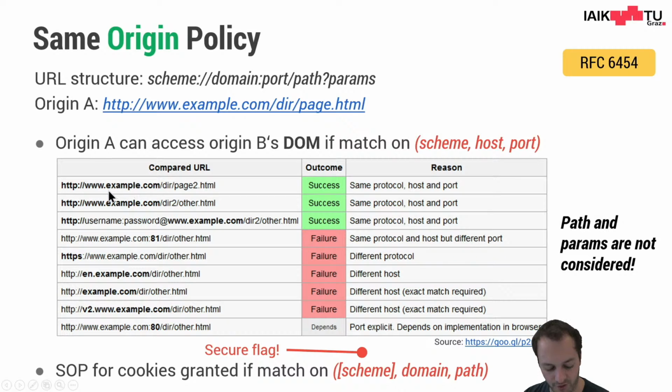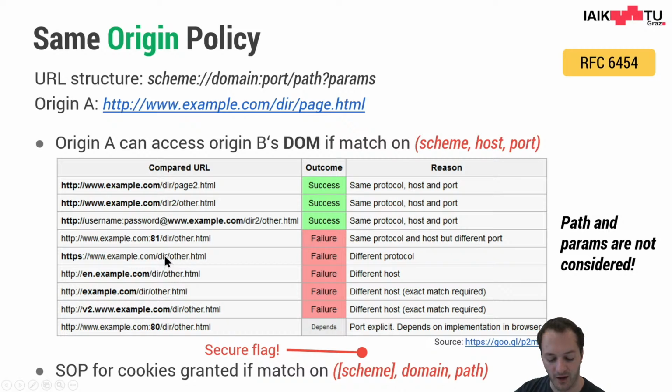So you see, for instance, in the first example, the scheme, the host, and actually the port, because HTTP usually refers to port 80, they match here. So such a request would actually be allowed. If you'd be on origin A on this website and you would include, let's say, this page2.html in an iframe on this page.html, it would work. It would not be blocked by the same origin policy.